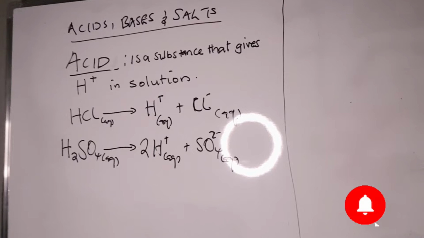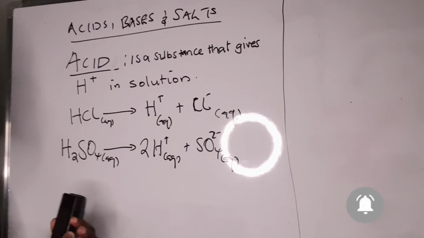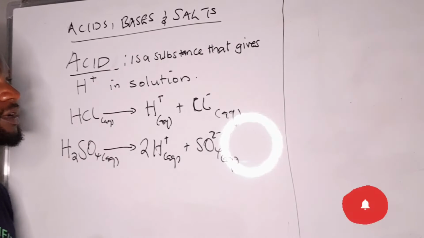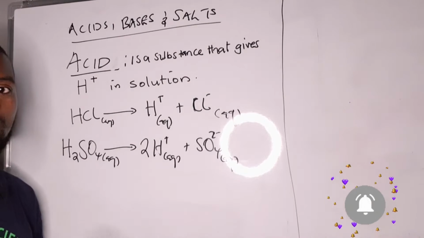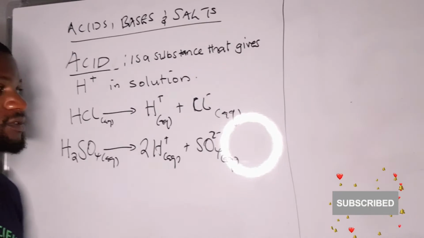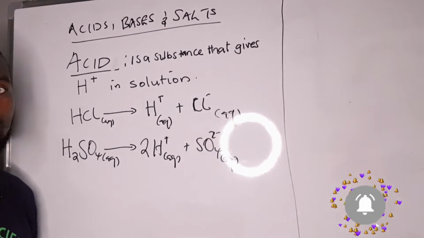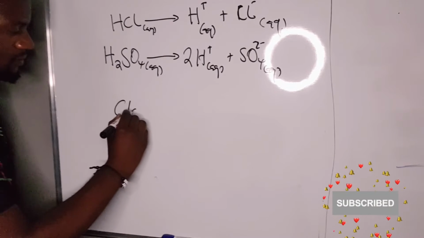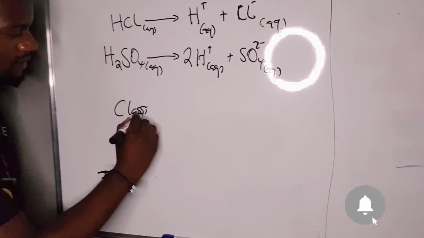So an acid is able to give the hydrogen ions in solution, or form the hydrogen ions in solution, or produce the hydrogen ions in solution. There are two classes of acids. You can classify them like that.